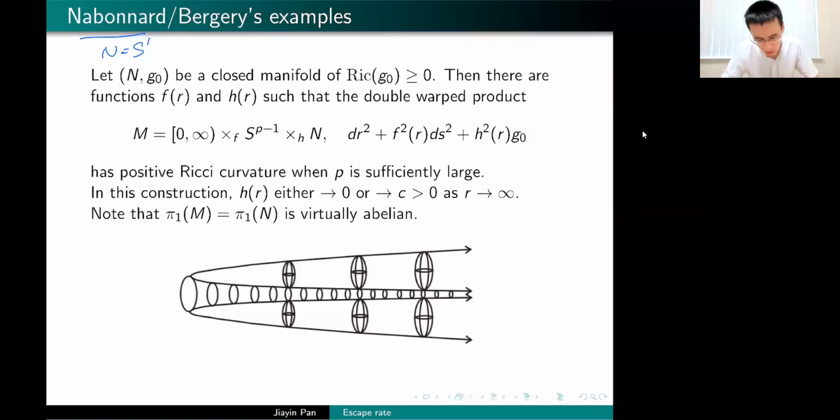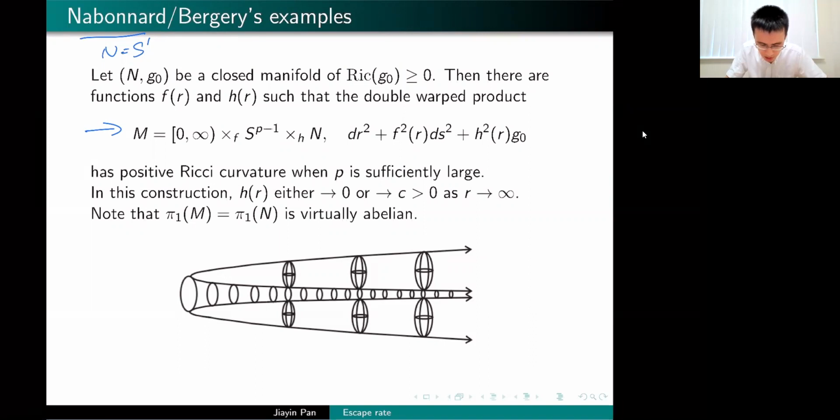Given such an N, one can construct a so-called double warped product. Its metric looks like this, so that it has positive Ricci curvature when p is sufficiently large. Here, h and f are the warping functions that you need to choose in a nice way.